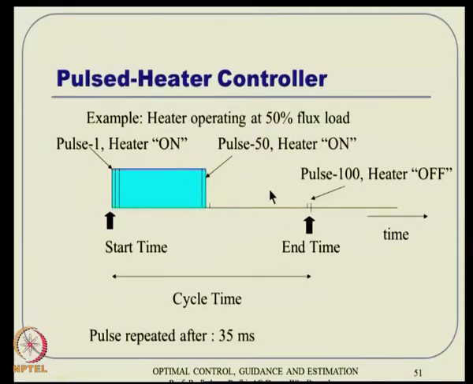And there are also issues in a control implementation sense, because you can always give heat input, you can heat it up, but when necessary you cannot cool it down. There was no cooling mechanism really. And also, if you want something like 50% of the flux load, that means some maximum excitation is there, but let us say you want 50%, then how to implement? It may not be feasible in that sense.